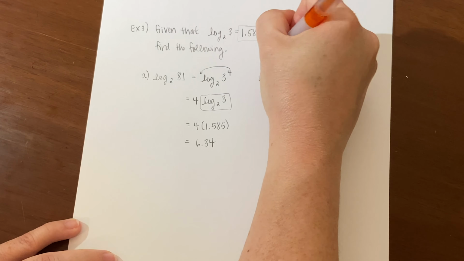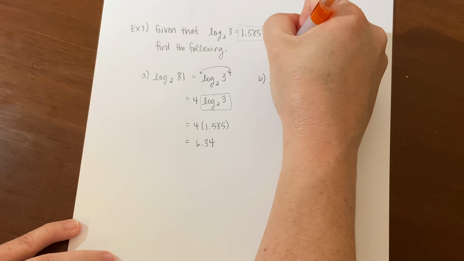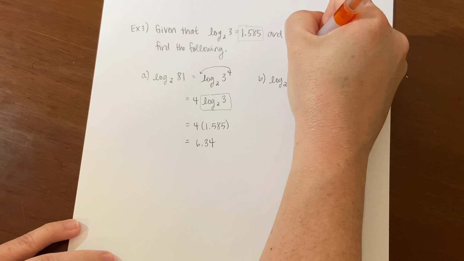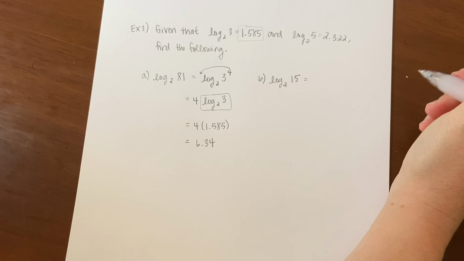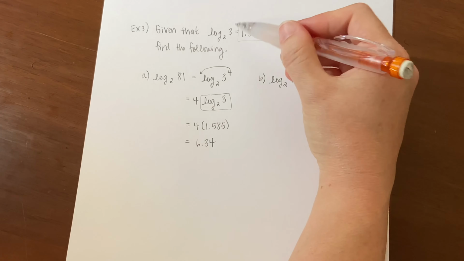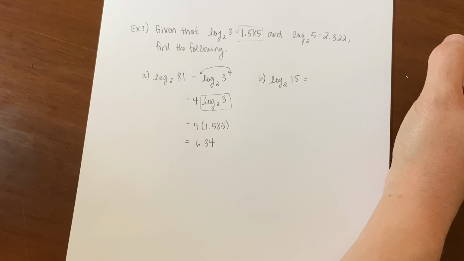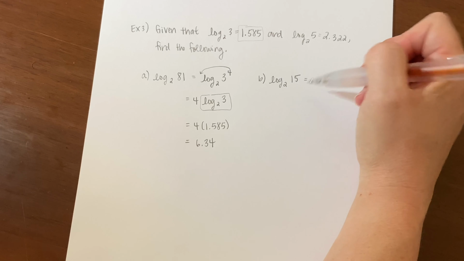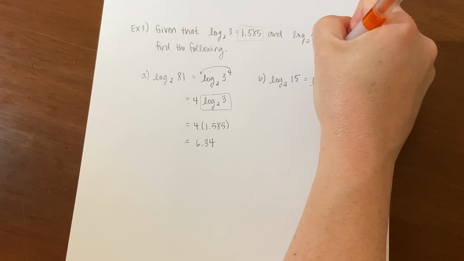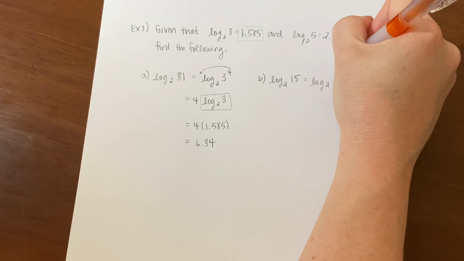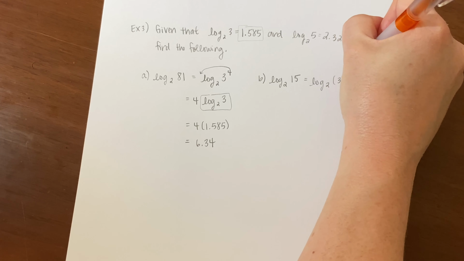Let's try a couple more. If we have log base 2 of 15. All right, so we don't have 15, but we have 3 and 5. Well, what's a relationship between 3 and 5 that could give us 15? Multiplication. So log base 2 of 15 can be rewritten as log base 2 of 3 times 5.